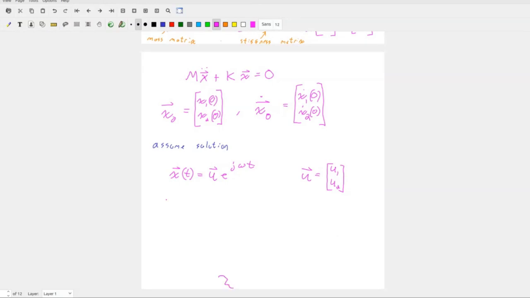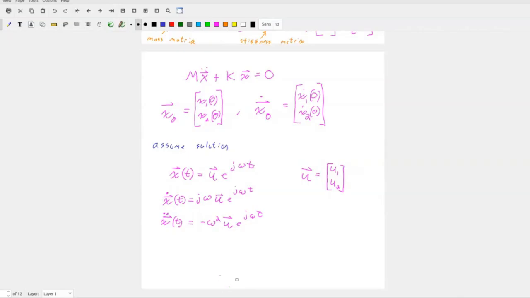So we can write that x vector velocity of t is equal to j omega u vector e j omega t, and x vector acceleration as a function of t is equal to negative omega squared u vector e j omega t.